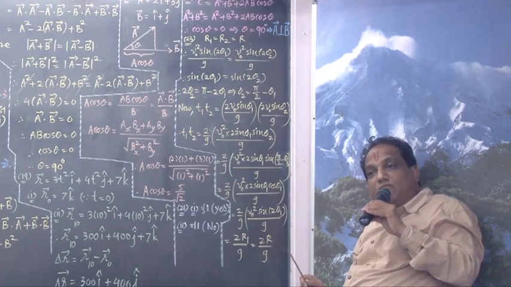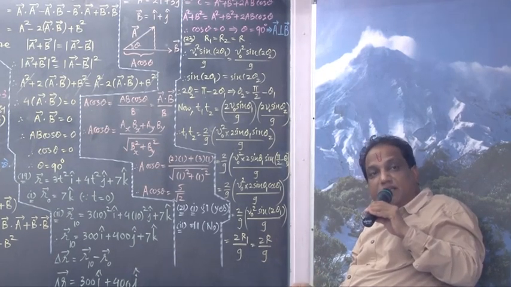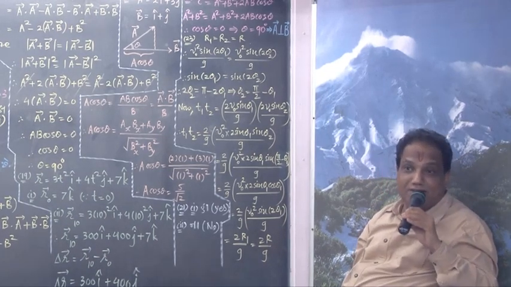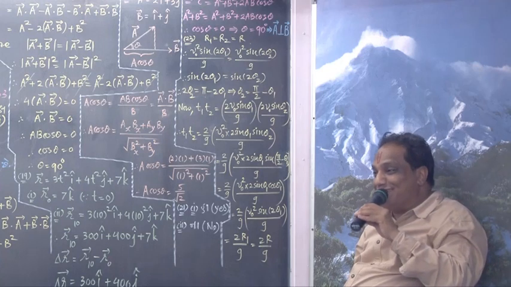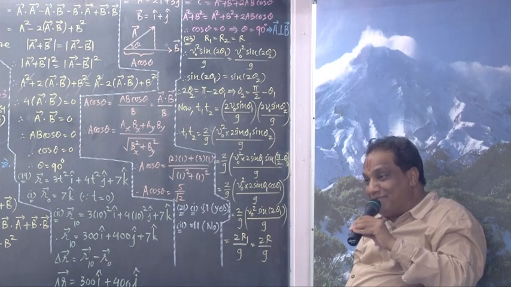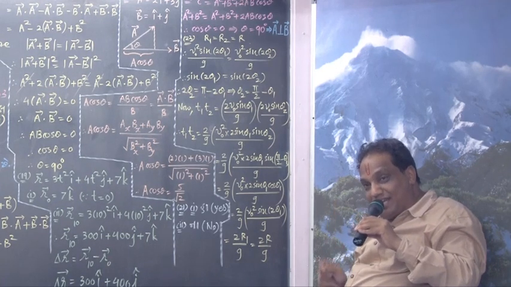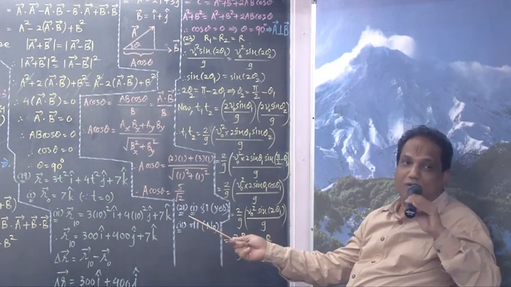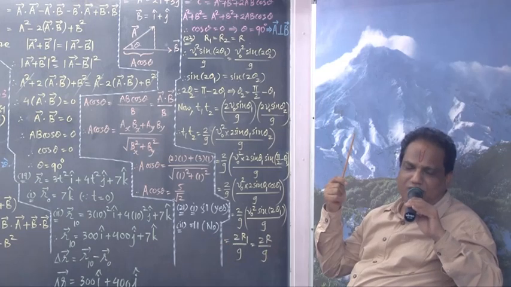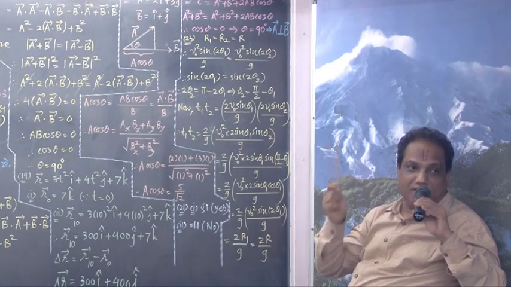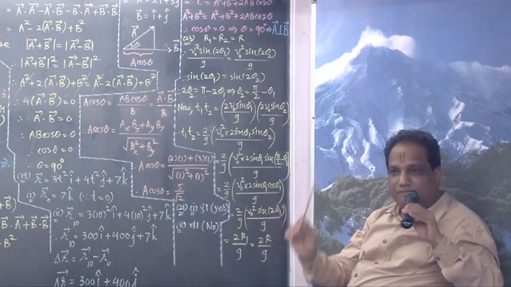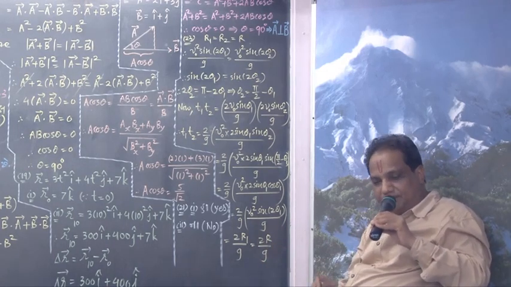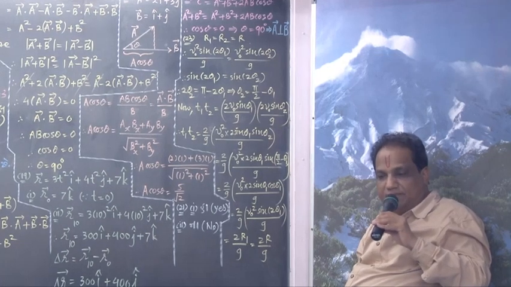If you take 30 degree as second angle, it is 180 minus 150. So if you take 30 degree as second angle and 150 degree as first angle, then also no problem. Second angle equals pi minus first angle. Correct? Please remember this. Write down somewhere in the notes.